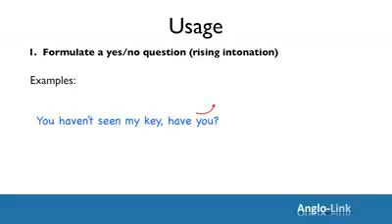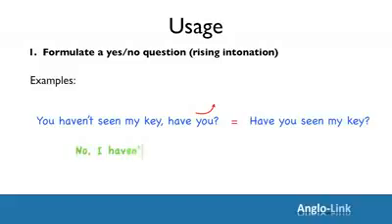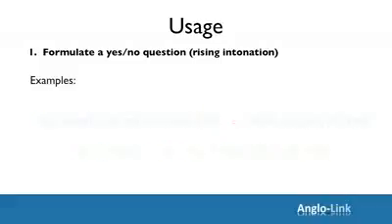You haven't seen my key, have you? It's the same as saying, have you seen my key? You expect either a yes or a no answer. No, I haven't. Or, yes, I have. It's over there. Let's look at another example. She's coming, isn't she? Is the same as asking a question.